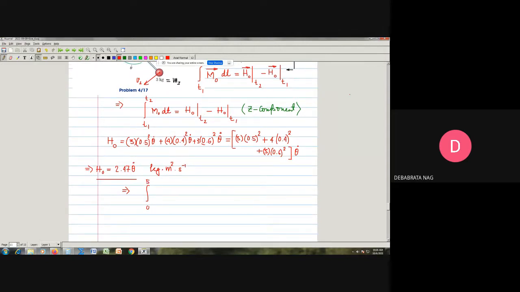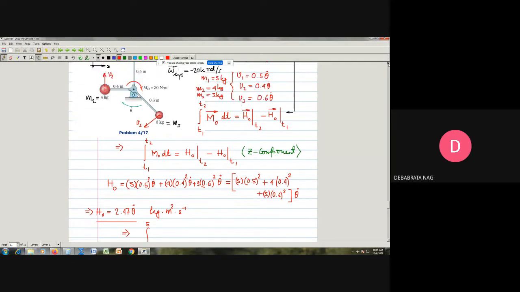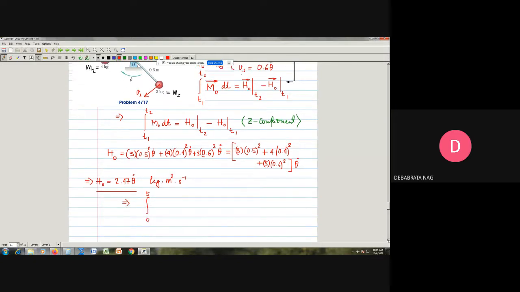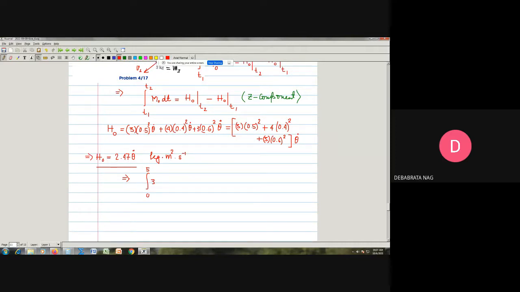The moment magnitude is constant and equal to 30 Newton meter, so we put this numerical value. So this is going to be 30 dt, equal to 2.47 into theta dot at t equal to 5 minus theta dot at t equal to 0.